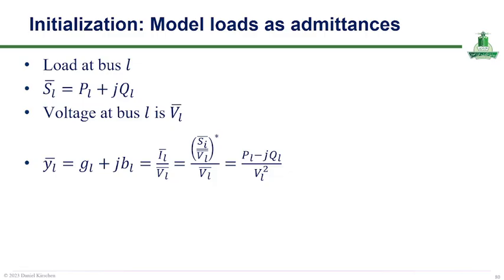systems. Okay, this slide describes how loads are represented as equivalent admittances during the initialization stage of power system dynamic studies. Instead of modeling loads directly as constant power elements, they are converted into admittance form to simplify network calculations and enable easier incorporation into the bus admittance matrix.